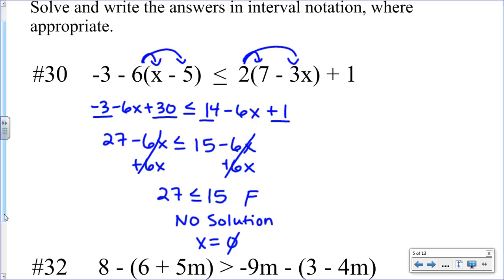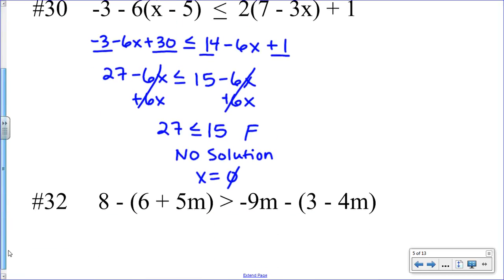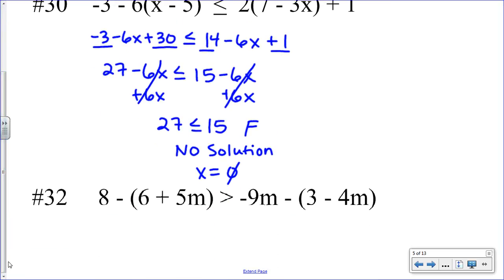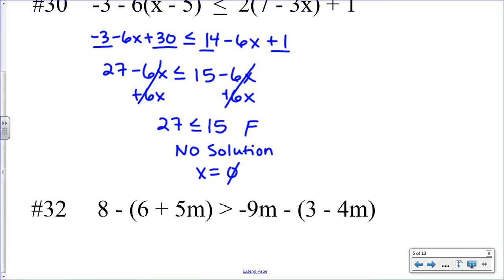The line through it. I wouldn't take off points on this one if you write no solution, because this technically isn't an interval either. So I would take it.